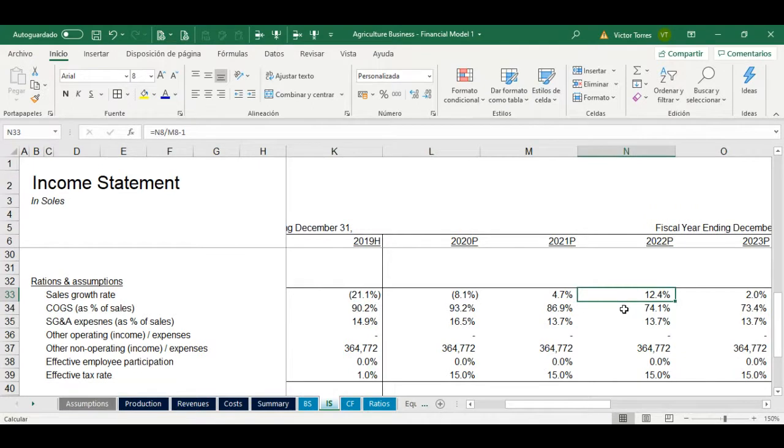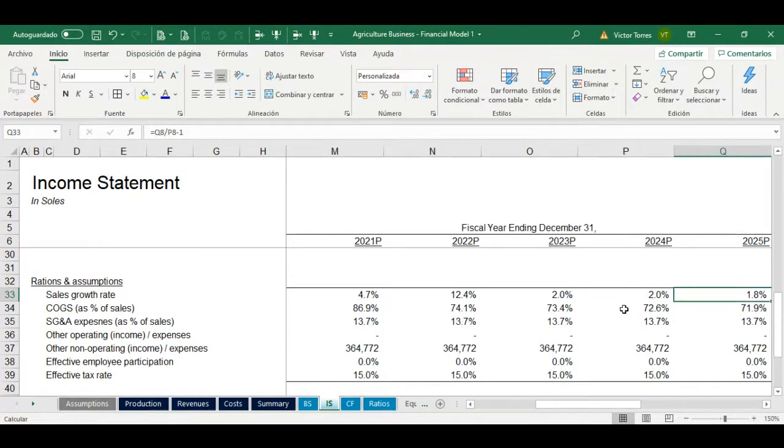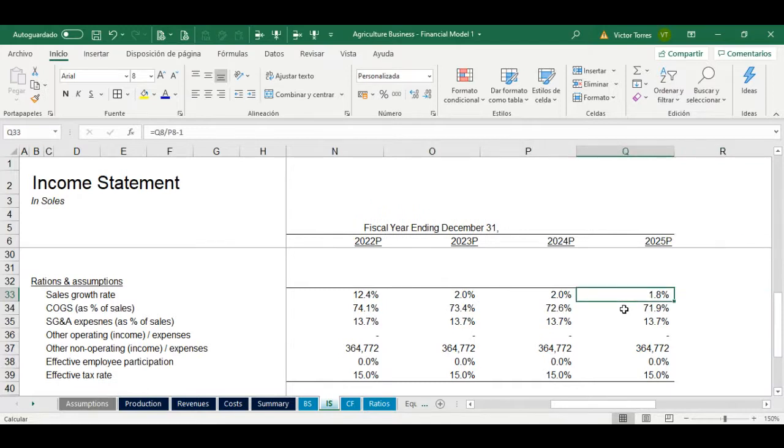Realize that, as I mentioned, it jumped in 2022 because there's going to be a lot more harvest, a lot more sugar cane that can be used to increase utilization of the idle capacity. But then it comes down to a more reasonable and sensible number, right? 2% growth on sales is something that is normal.